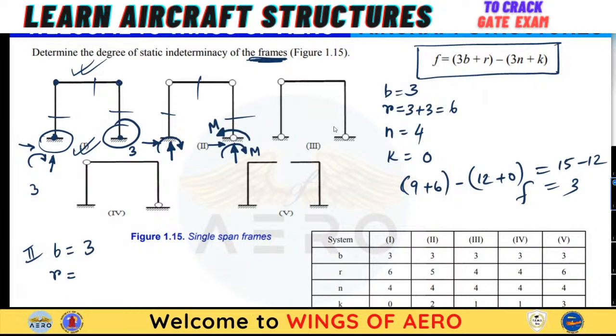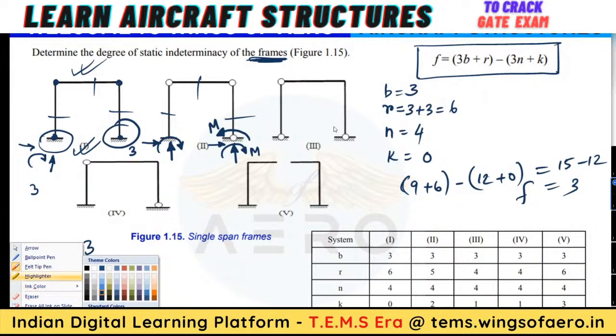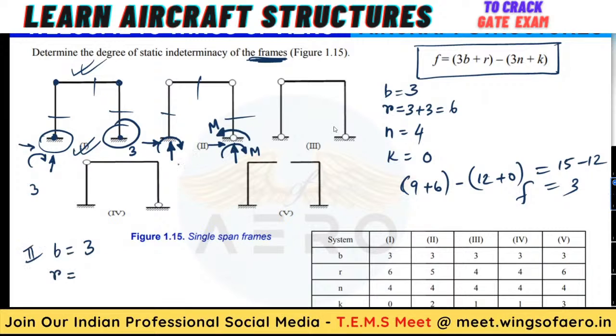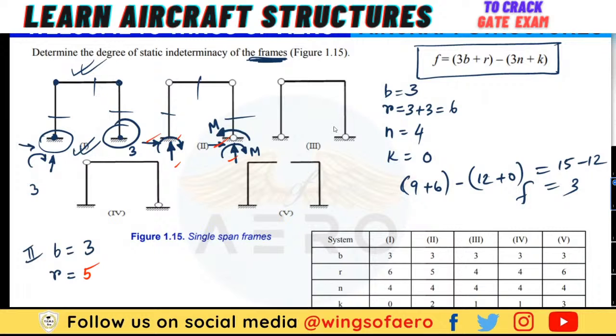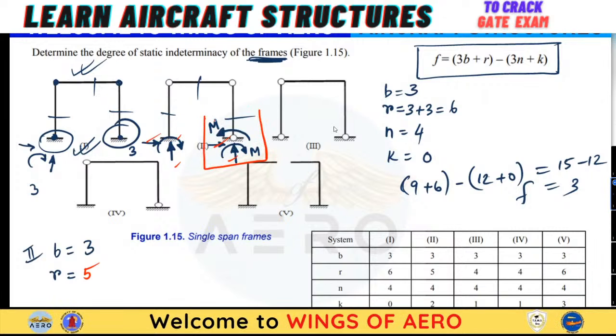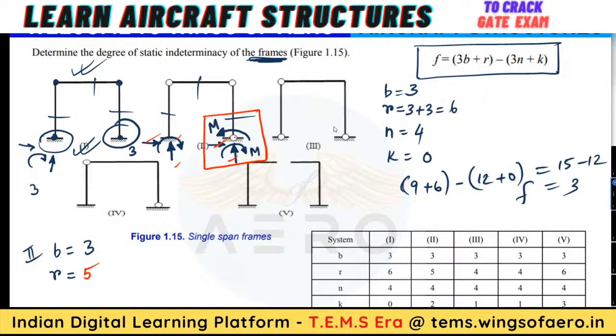Okay. So if this gets nullified, 1, 2, 3, 4, 5. What is the number of support reactions? We have 5. Please remember this is another important concept. When there is a fixed and there is a hinge in between, this will get nullified.